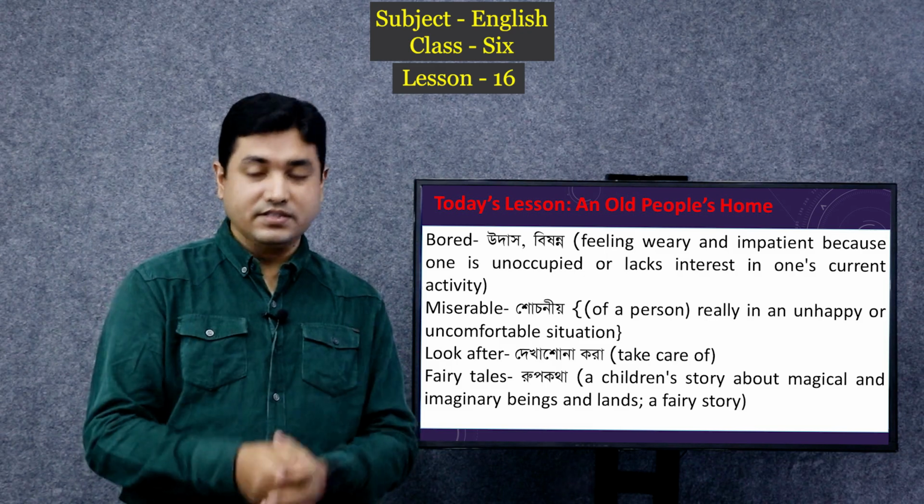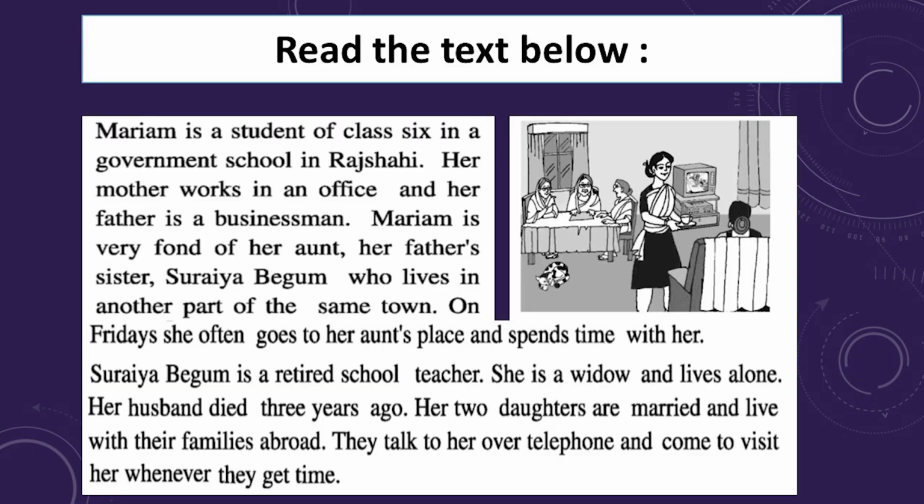Let's start our today's lesson. Read the text below. Here you can see a picture. Muriam is a student of class 6 and she studies in a government school in Rajshahi. So today we will read about Muriam and some members of her family.